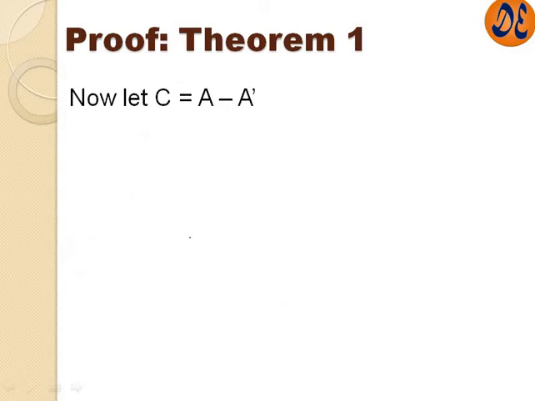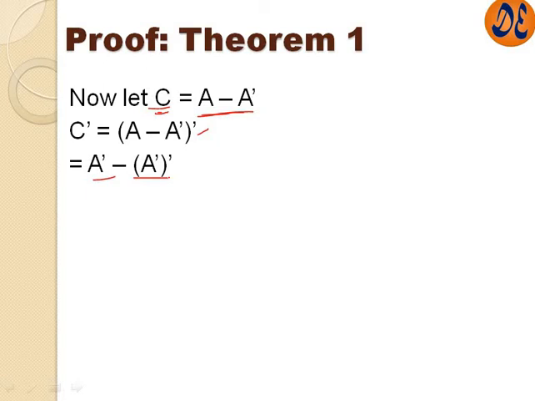Now the second proof. Now we have to prove that this is a skew symmetric matrix. So let C be equal to A minus A dash. Again we are taking the transpose of this one. Again the same law of addition. I told you earlier in the class that addition and subtraction follow the same rules. Not all the rules, but most properties are common.